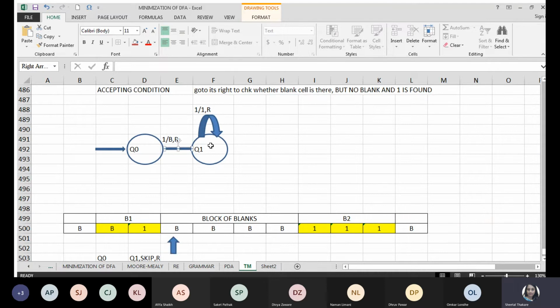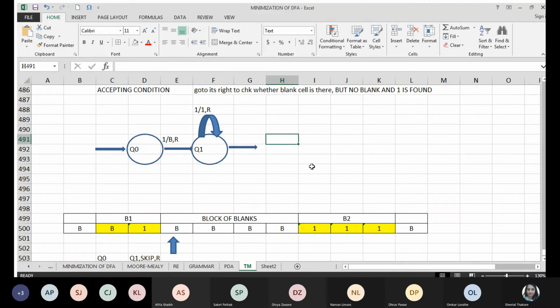So 1 should be 1, keep moving to right. As soon as you find first blank, it should be turned to 1 and you need to move to its right to check more blank is there.